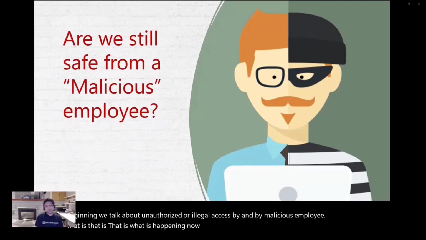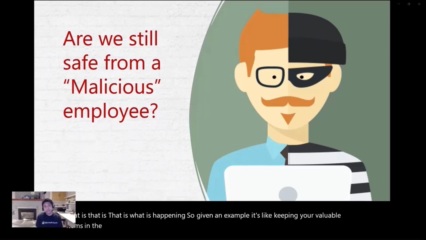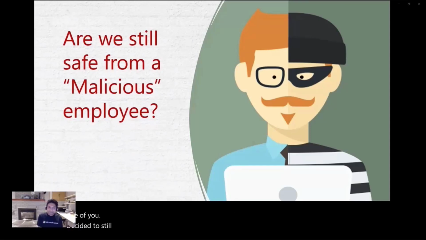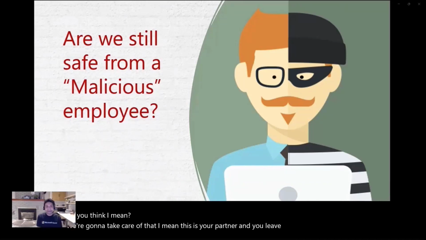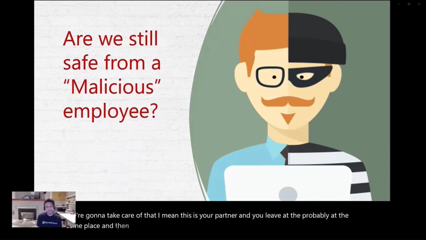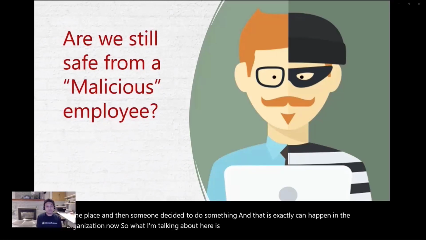To give an example, it's like keeping your valuable items in a safe box in your home, where you and your partner both have access to it, but one of you decided to steal and run. Who's going to take care of that? This is your partner, and you probably live at the same place, and then someone decides to do something, and that is exactly what can happen in the organization. So what I'm talking about here is a system admin or a DB owner, right?